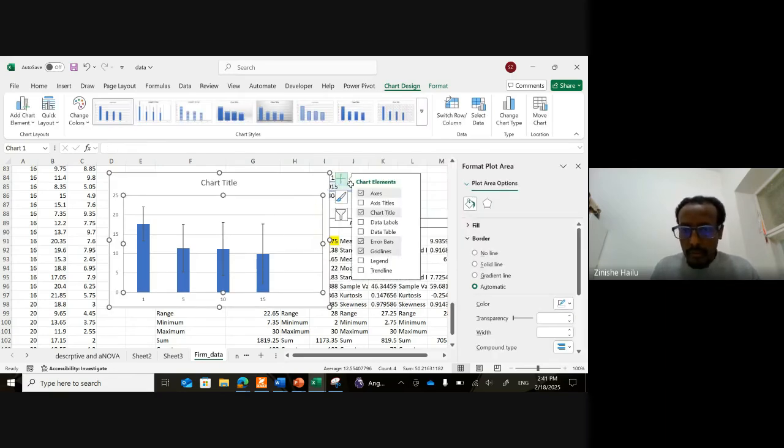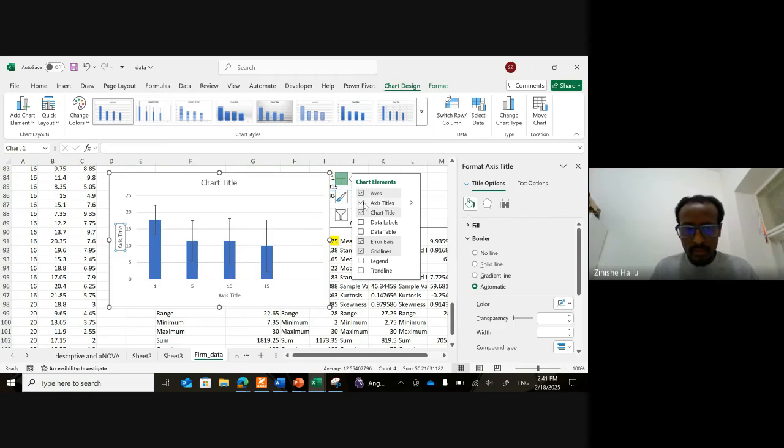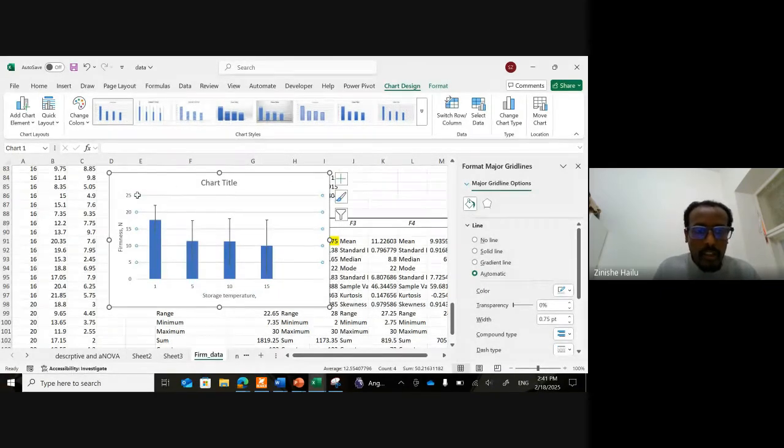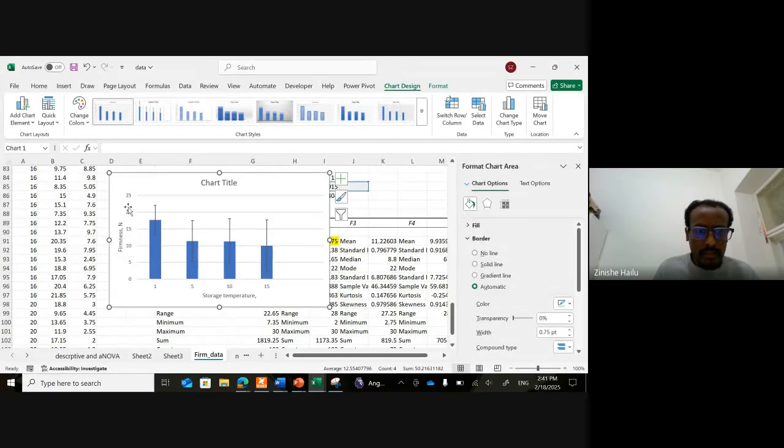And then you have to make the axis clear. So this is the time, and this is temperature. Okay, I have to make the border line, so I will select this, the axis line, I mean.